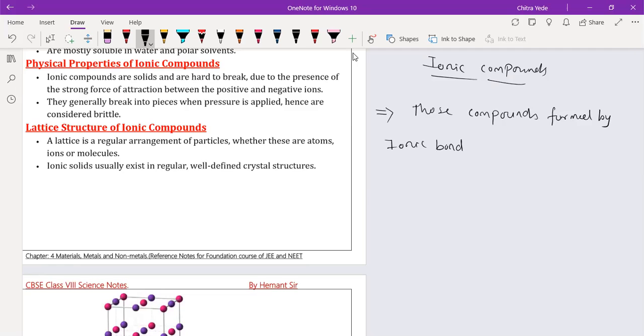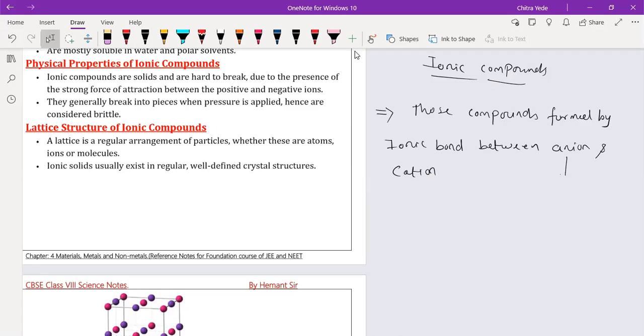Those compounds formed by ionic bond between anion and cation are called ionic compounds.